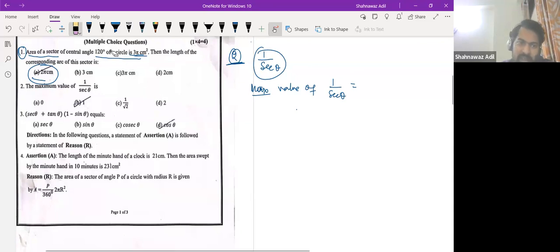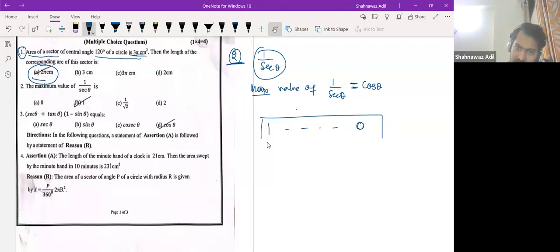Okay, what is 1 by sec theta? Cos theta. Cos theta? And you have the table, right? So from the table, you saw that cos theta goes from 1 to 0, right? Yes. So what is the maximum value? 1, right? Yes, sir. So did you understand that, Tejasvi? Yes, sir.